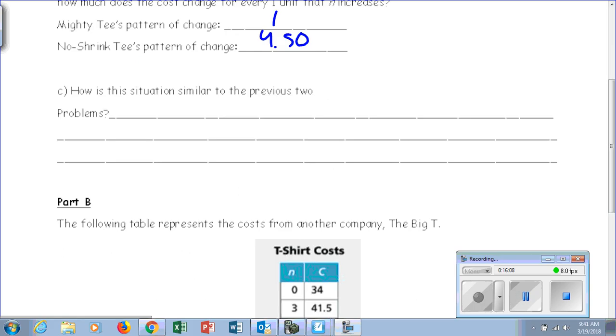Okay, so we're looking at those two equations that we've been working with, n plus 49 and 4.5n. In these problems, how do we determine that they're linear? What's similar between them? We know they're linear relationships.